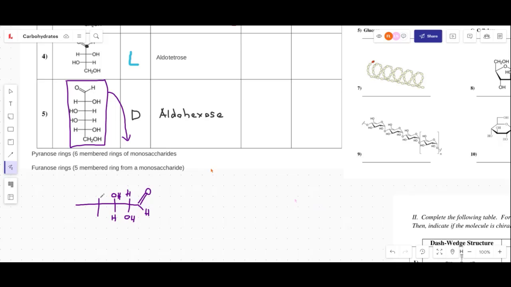Third one, OH on top, hydrogen on bottom. Fourth one, hydrogen on top, OH on bottom. And then there's also this CH2OH.